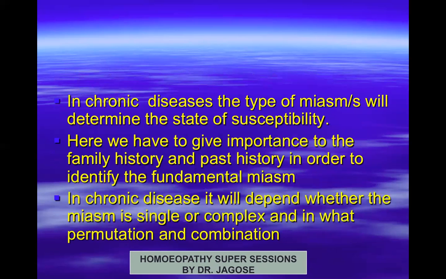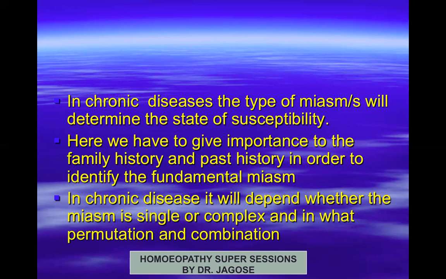Whereas in chronic disease, you also have to identify the state of susceptibility. So how will you do that? That will be seen by giving importance to the family history and past history in order to identify the fundamental miasm.